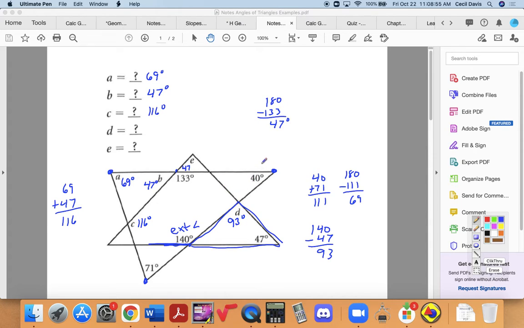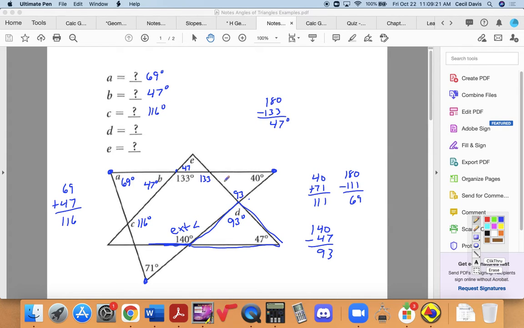The exterior angle is right here, or right here. I could say 93 right there. And then 93 plus 40 is 133, so this angle right here is 133.